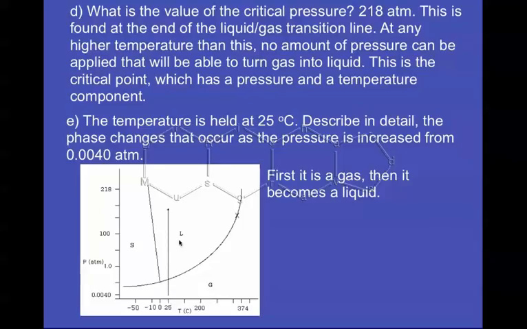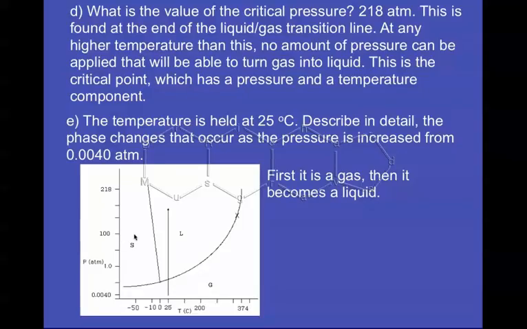The other kind of question you could be asked would be, what if the pressure was held constant and the temperature was increased or decreased? So let's say we are asked if the pressure was held at 100 atmospheres and the temperature was increased from minus 50 degrees Celsius, what kind of changes would you see?